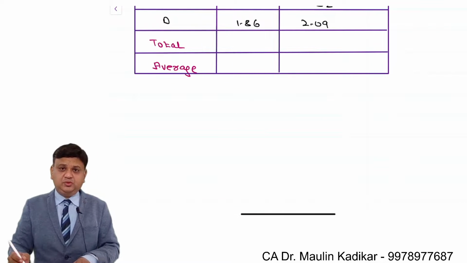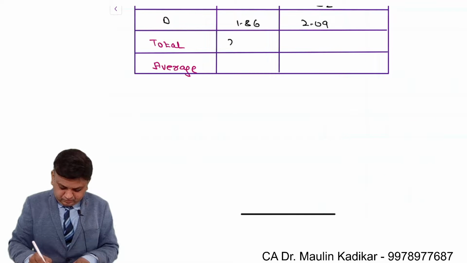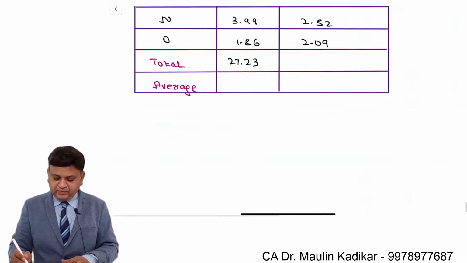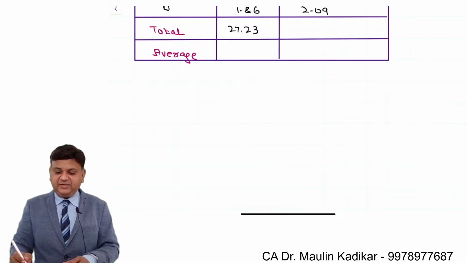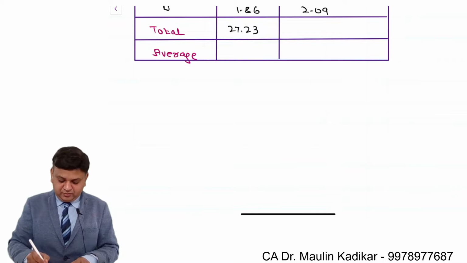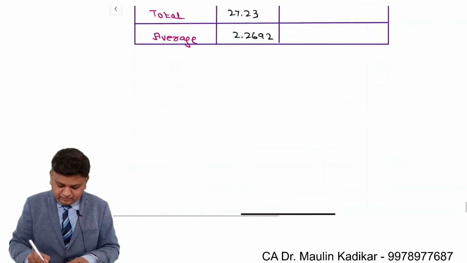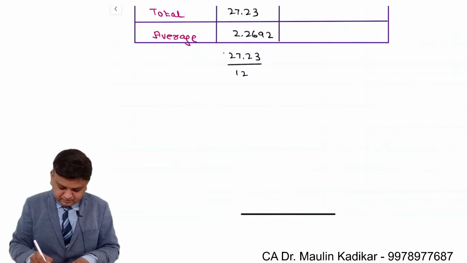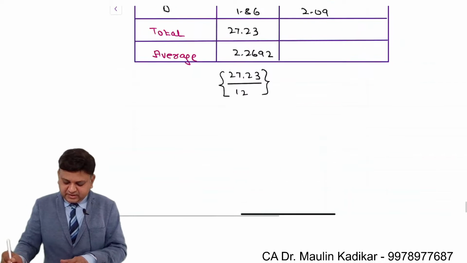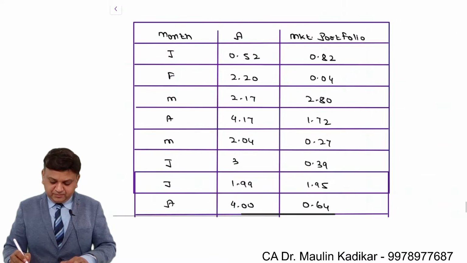So the total comes to 27.23. There are 12 months, so divided by 12, the average is 2.2692. That is 27.23 divided by 12. This is the way the average return of the portfolio is calculated.